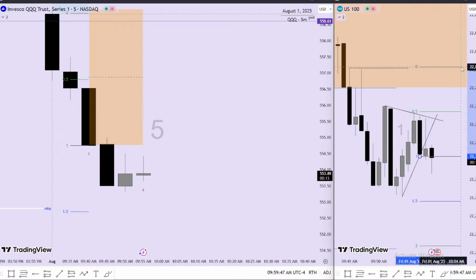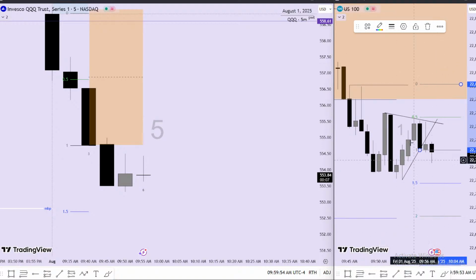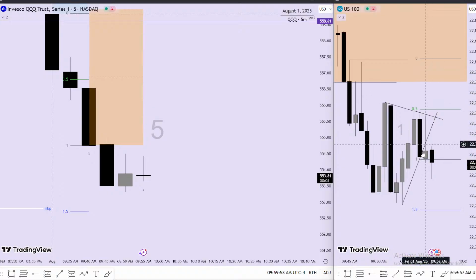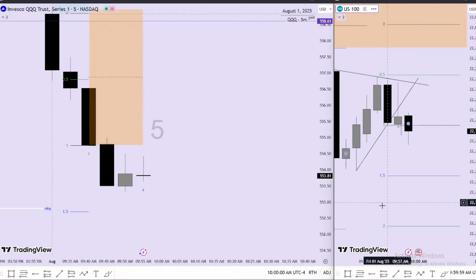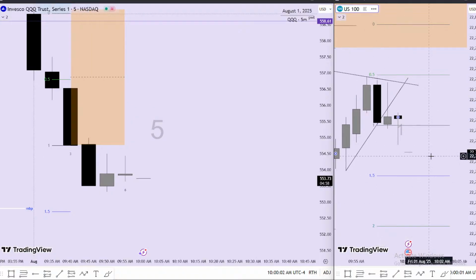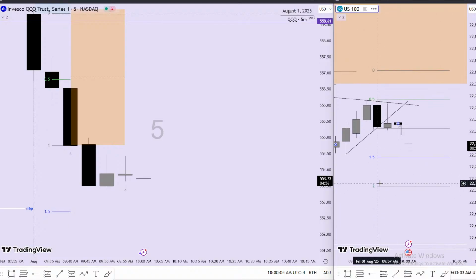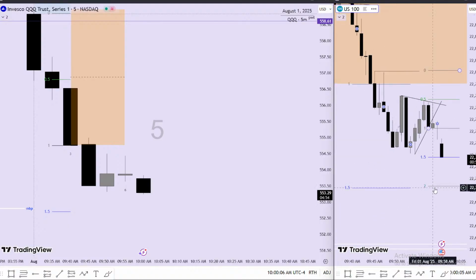The right place to put your stop if I were to sell this is right here above this high. News is out. This will be the target. This is the target. This point.